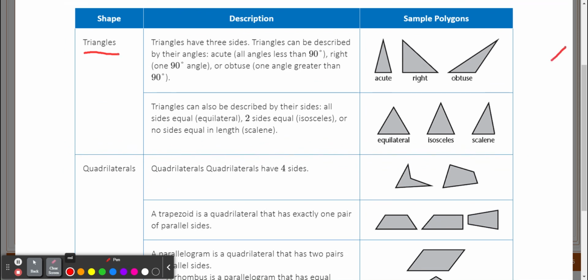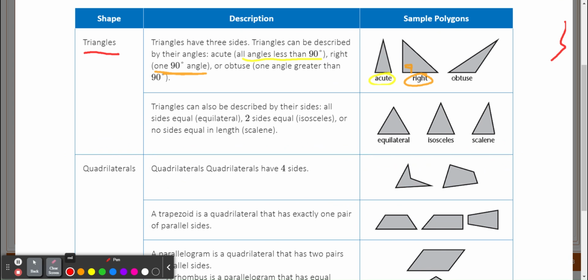So, for example, an acute triangle, right here: all angles are less than 90 degrees. Okay, so that's an acute triangle. A right triangle has one angle that is 90 degrees.